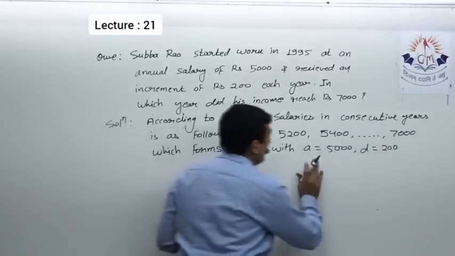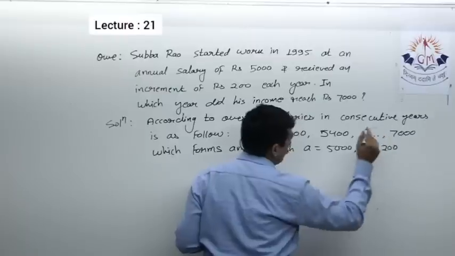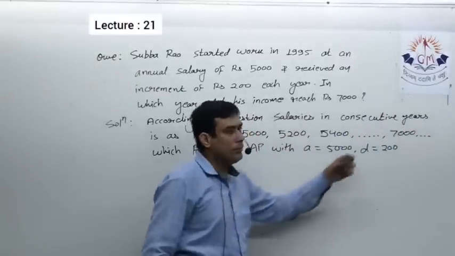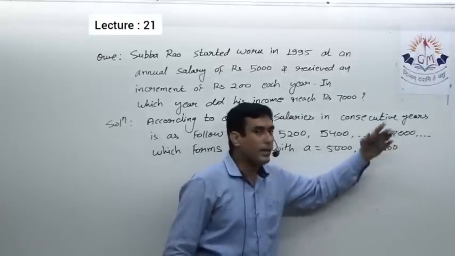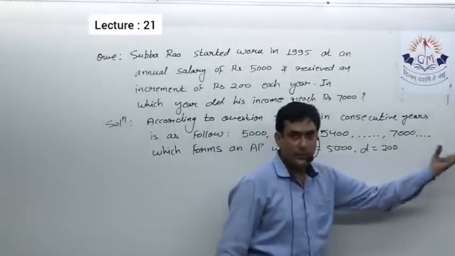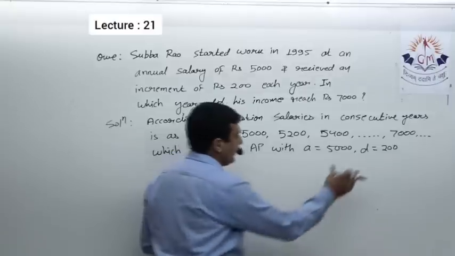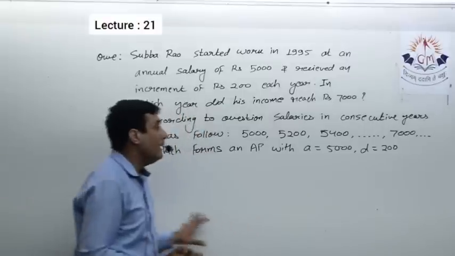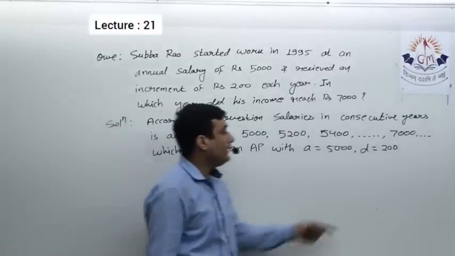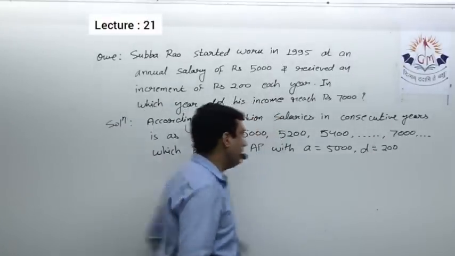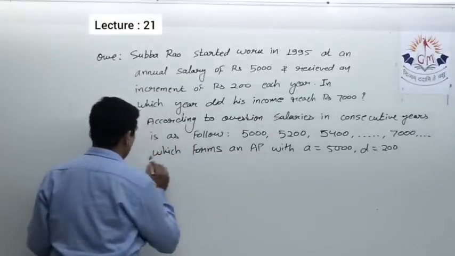Definitely a is 5,000, d is 200, and 7,000 is an amount of salary which he may get after some years, and it is quite possible that after that year he still continues his job. So I can say 7,000 is a term in the AP. Now what we have to obtain is in which year he will get this much salary. So here we start our question.